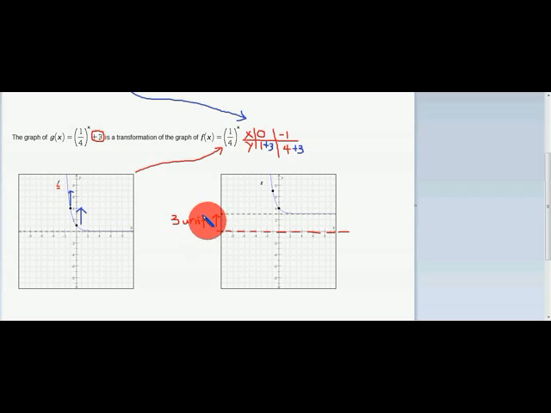Okay, so over here this is your y is equal to 0. So now the equation is y is equal to 3. Right. So now instead of having the asymptote on the x-axis, now the asymptote is at y is equal to 3.